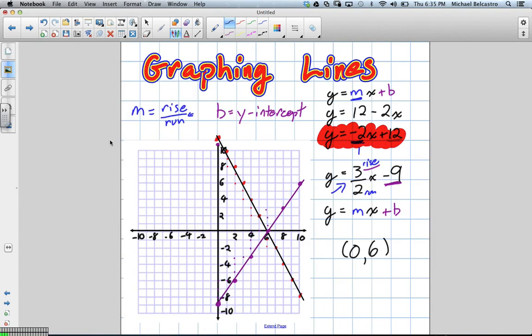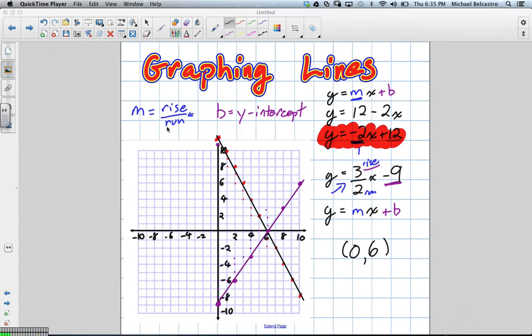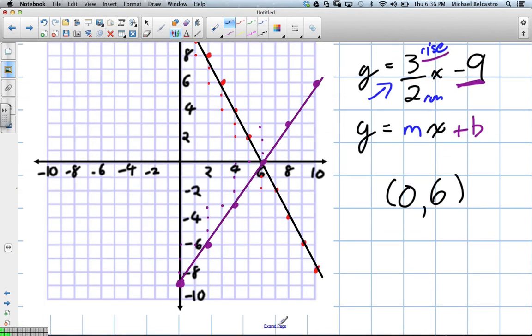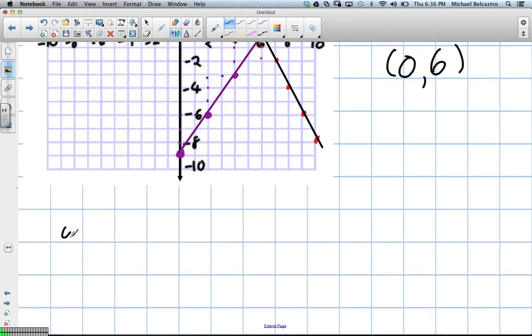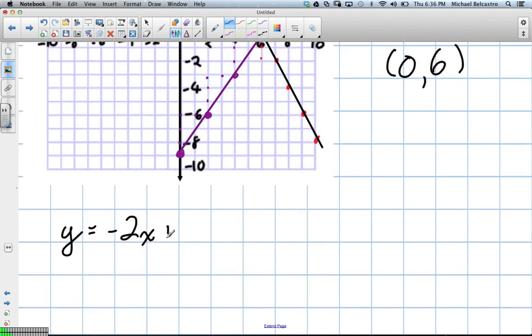Okay? And just as a side note, let me see what time we got. Perfect. We should really check this to make sure this is true for these two equations. So what I'm going to do is zoom in again, and I'm going to use some algebra just to double check. So we've graphed them. We're done the tough part. Our two equations were y equals negative 2x plus 12. That was one of them, right?